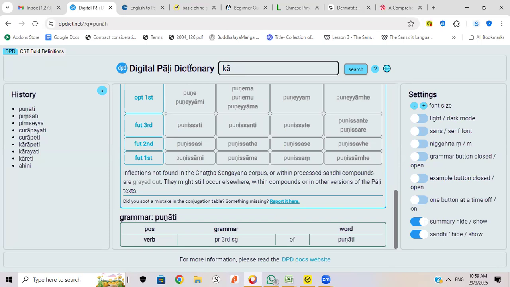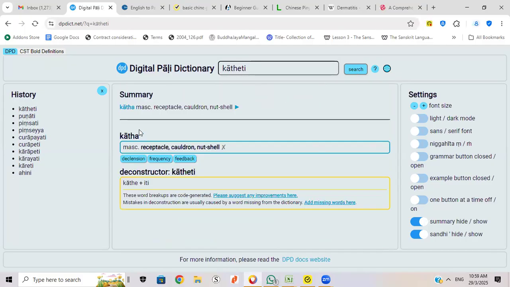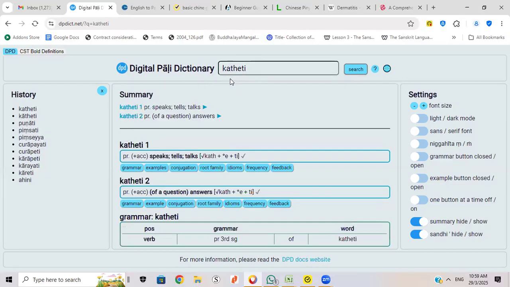AATH should be strengthened. Kateti. Kateti. You see, this is 7 conjugation, K-A-T, Kateti. So this is a 7 conjugation.